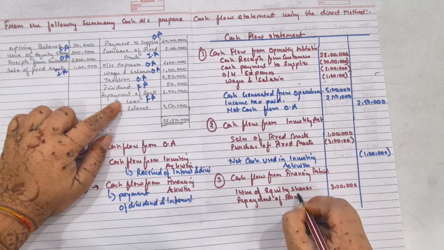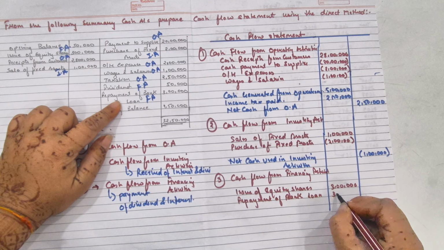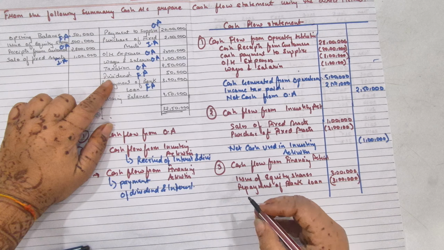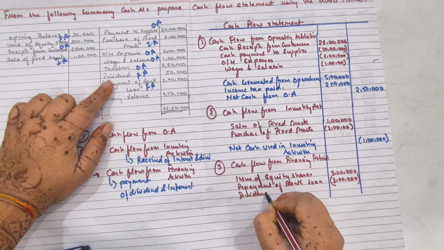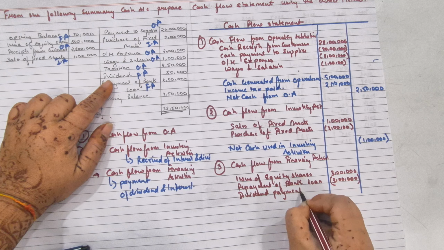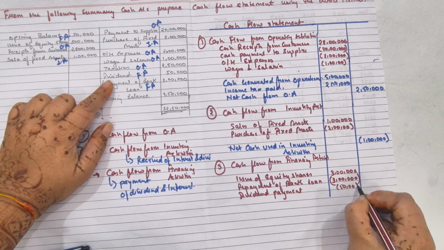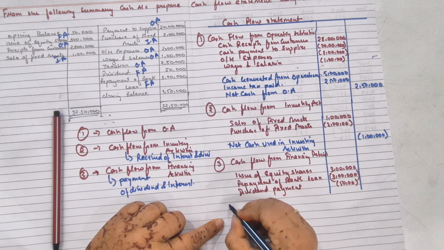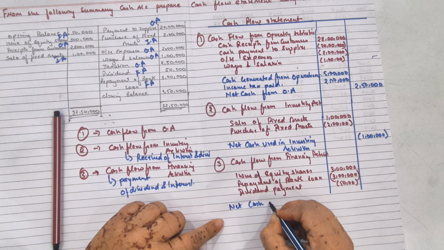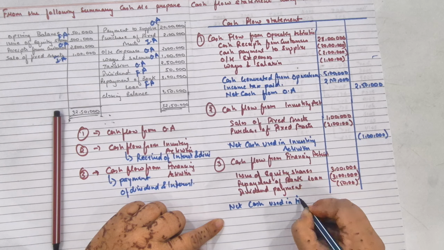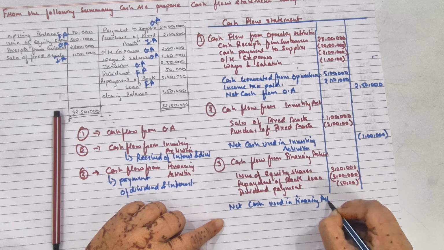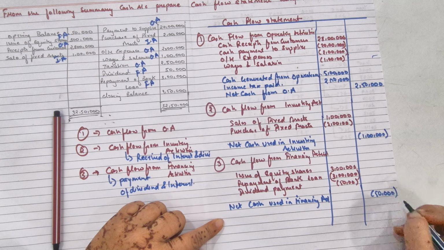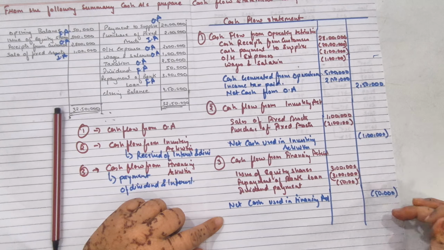Repayment of bank loan we must have paid in cash, so there must be an outflow of cash, and dividend payment is another outflow of cash of 50,000. Right, students? So then we will calculate net cash used in financing activity. It would be 50,000 balance. I hope you are clear with all these three points.